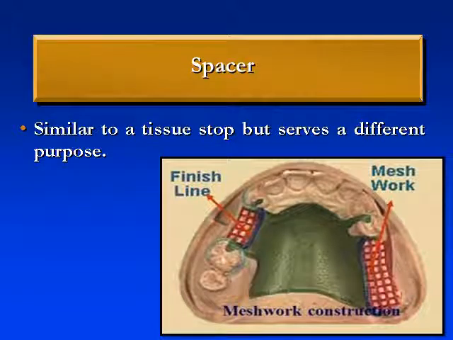Now, the final part is the spacer. The spacer is similar to the tissue stops. The purpose of the spacer is different from the purpose of the tissue stop, but the spacer serves similarly to the tissue stop, though again the action of the spacer is different from that of the tissue stop.